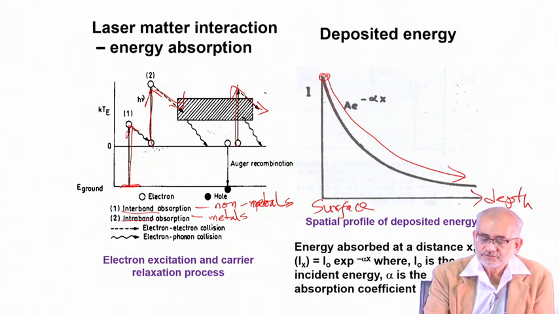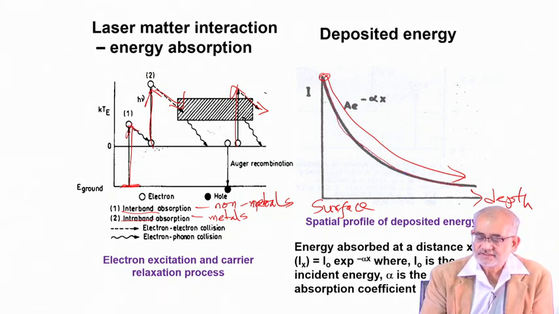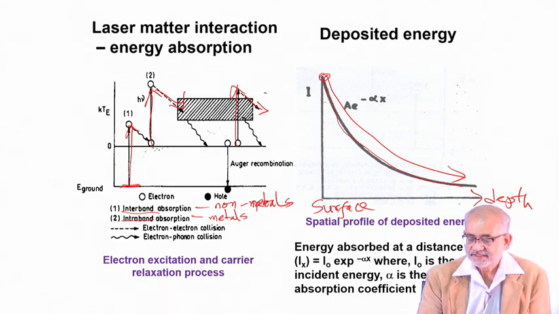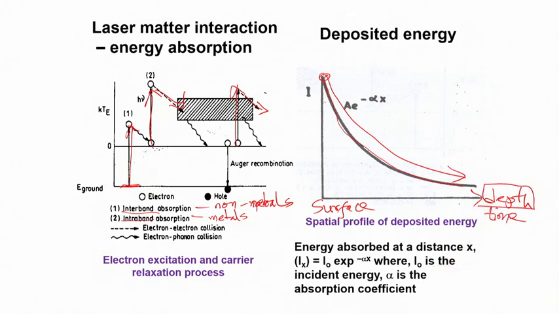So this is how the energy deposition profile decreases with depth and also with time. At the surface I have the highest heating effect, and down below the heating effect decreases, and below a certain depth the solid remains at room temperature. So only a very shallow depth from the surface gets heated up to very high temperature.